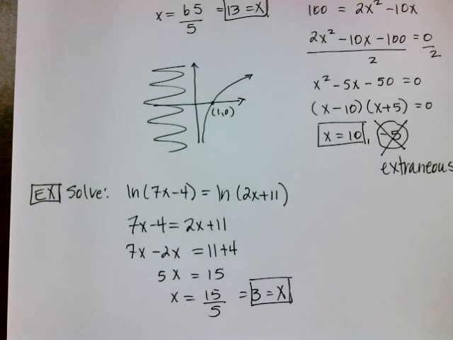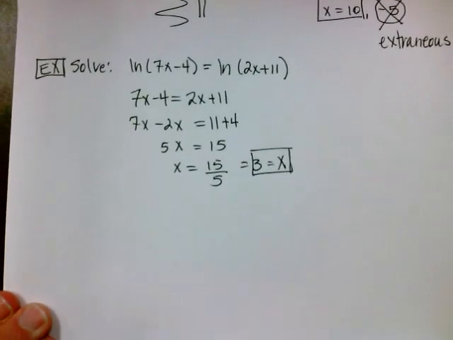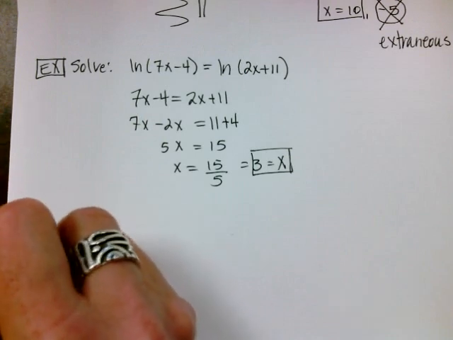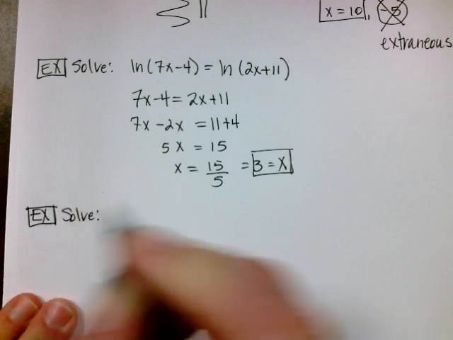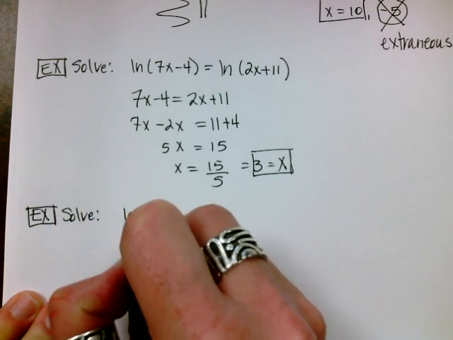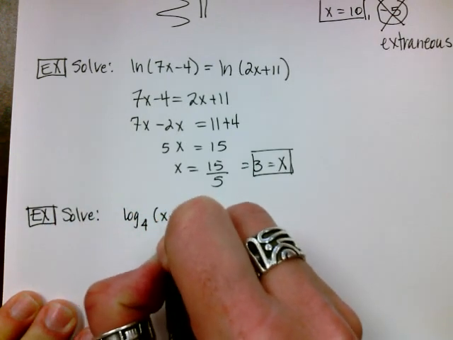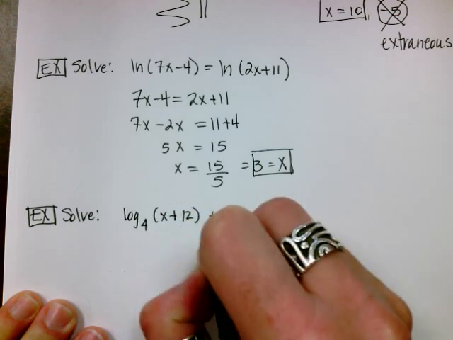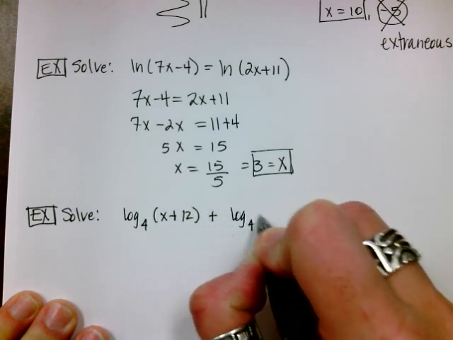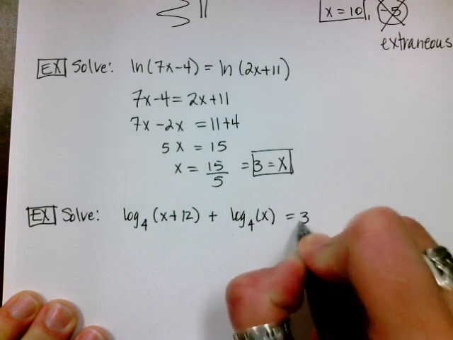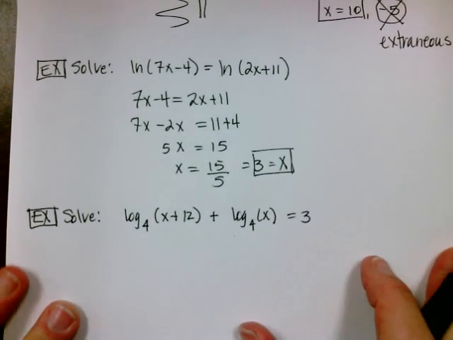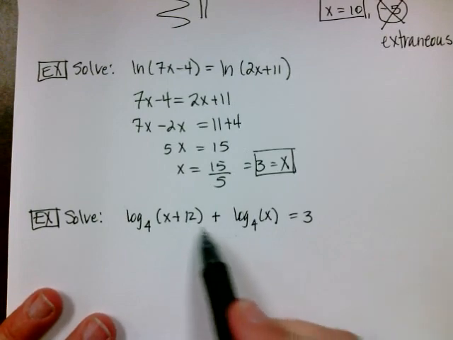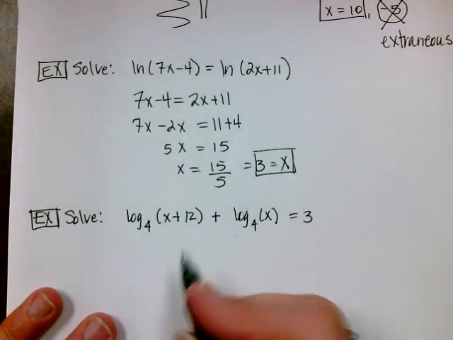Alrighty. I have one more example for you, and then we'll get to our problems. So pretty short lecture today, which is nice. Last problem that says solve. I'm going to have the log base 4 of x plus 12 plus the log base 4 of x is equal to 3. So in this one, the bases are the same, so I'm going to use my properties of logarithms to manage this side and condense it.